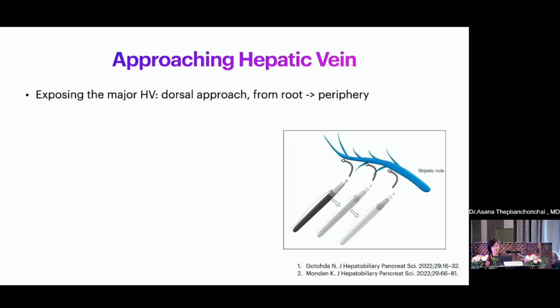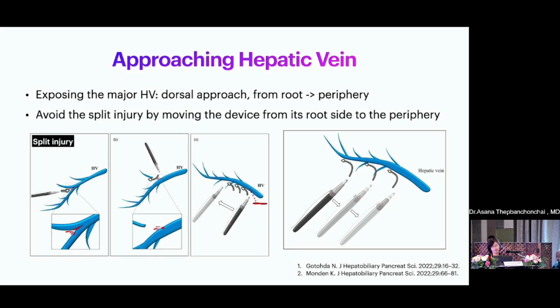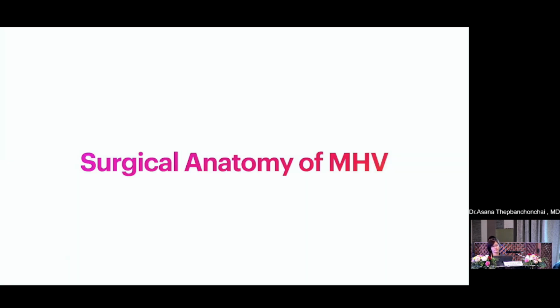The major hepatic vein should be approached from this side because it helps to avoid splitting injury that can occur if you score the device or approach from the caudal view, and it prevents the pull-up injury. Moreover, the dorsal approach lets the blood run down from the upper to the lower part of the liver, maintaining a dry transection line of the upper part.